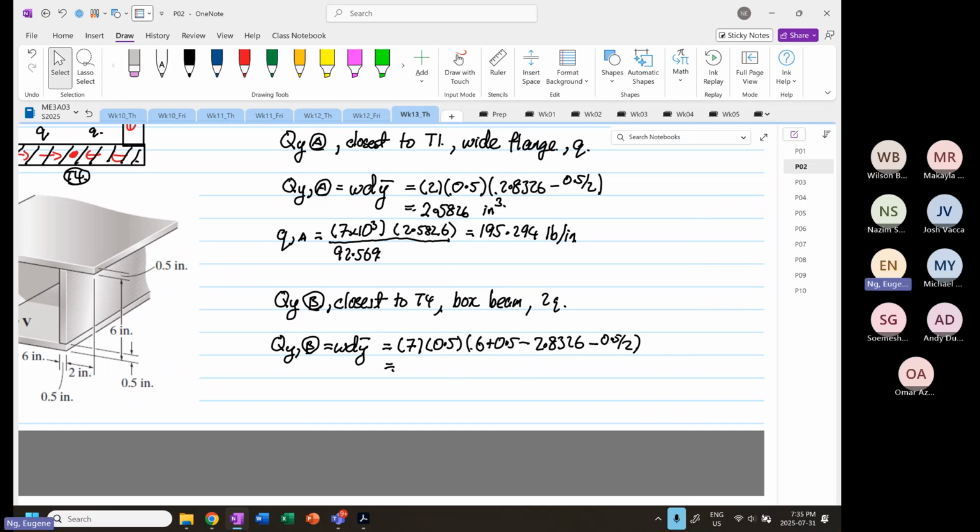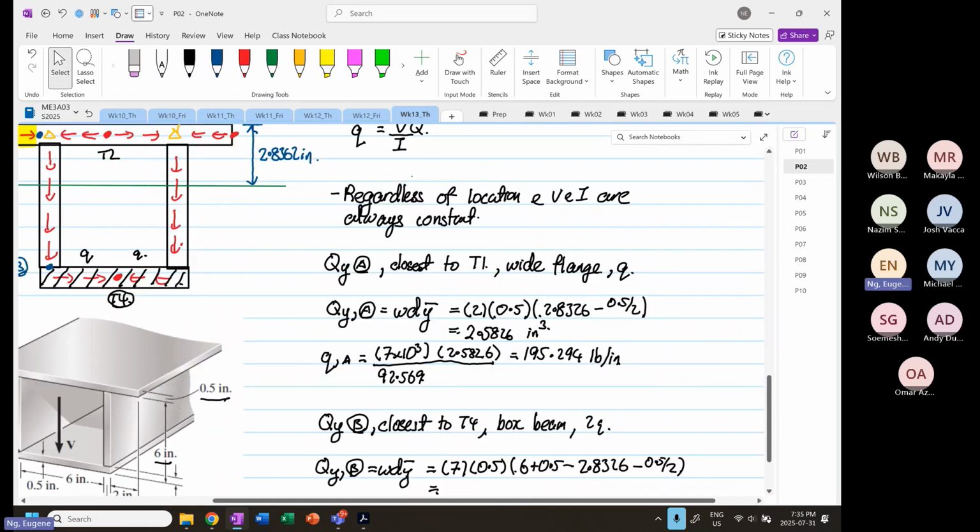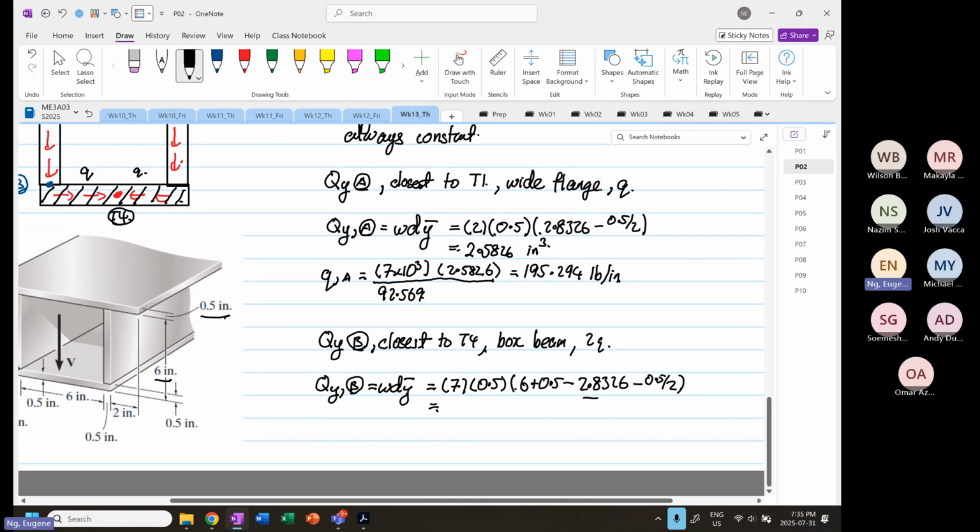Let me see where I got wrong. 6 plus 0.5. Yep. 2.8362. Yep. Right. Then 0.5 divided by 2. That's correct. I don't see what's wrong. Maybe I pressed the calculator wrongly. 6 plus 0.5. Yep.